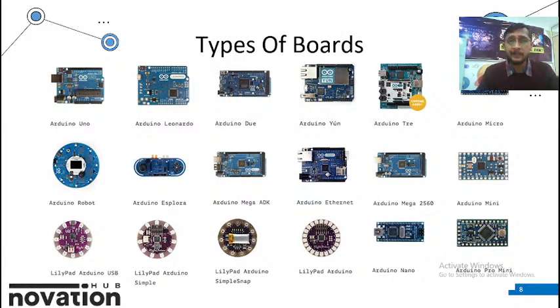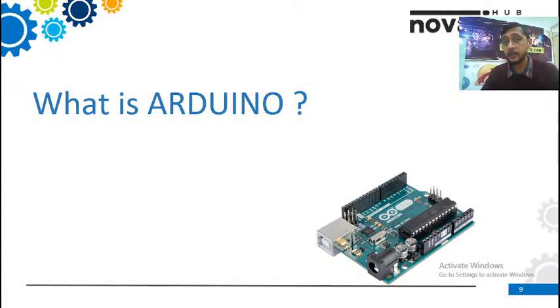So now we'll see one of the boards, as I told you, Arduino. So what is an Arduino? Basically, as I told you, Arduino is a hardware and software board. It's an electronics development board, and the main thing is that it's easy to use.